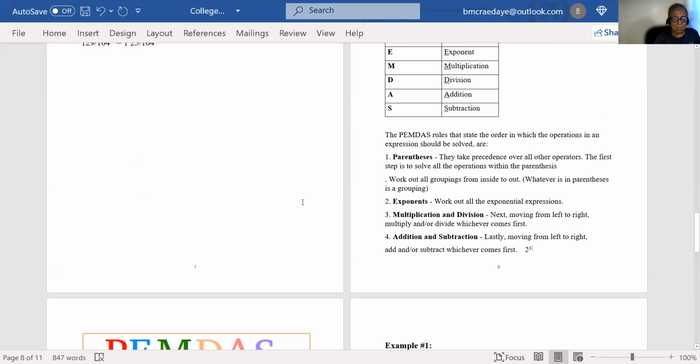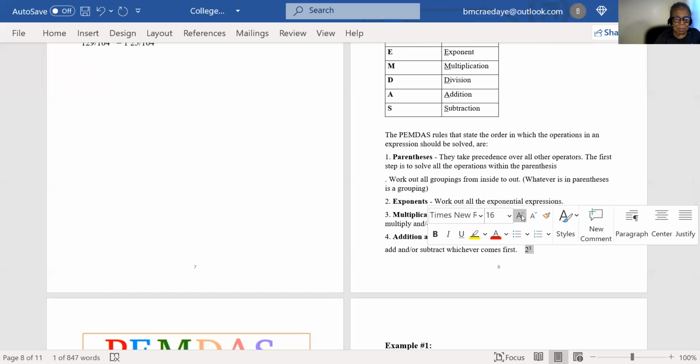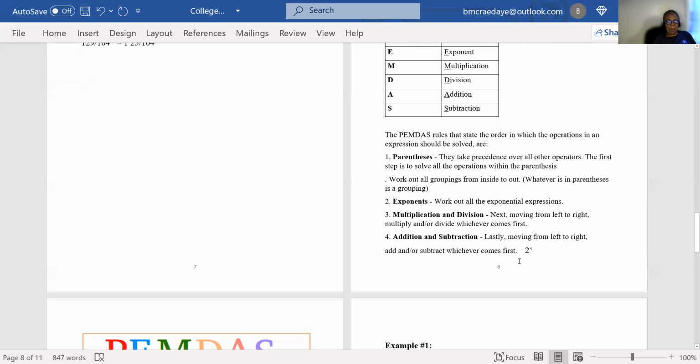That says 2 raised to the 3rd power. The 2 is the base and the 3 is the exponent. Just to give you an example. So 2 to the 3rd power, what that means is you want to multiply 2 by itself 3 times. 2 times 2 times 2, and that's 8.